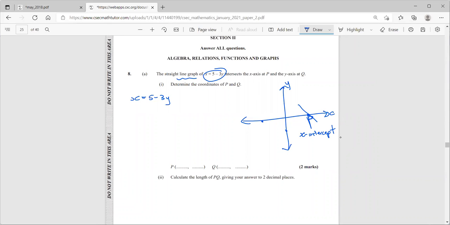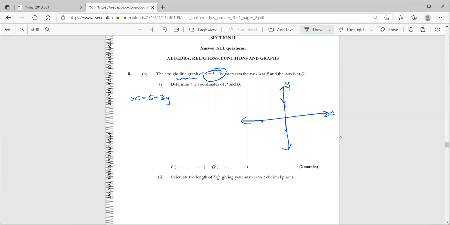And what about if it's cutting at a point on the y-axis, Q? What would Q be called? The y-intercept, yes? So basically, they are just asking us to find the x-intercept and the y-intercept.